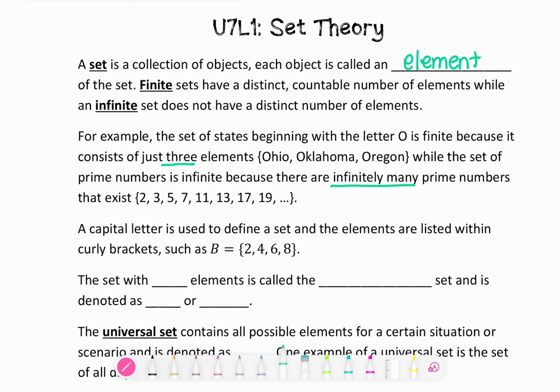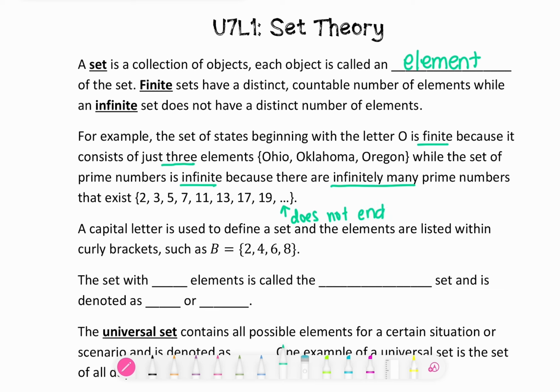Again, finite, I can count exactly how many elements, for example, 3. Infinite, I cannot count how many. There's infinitely many elements in that set. It never ends. You have to keep listing forever.